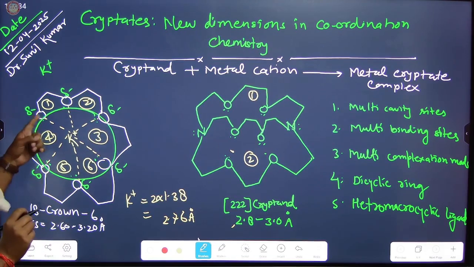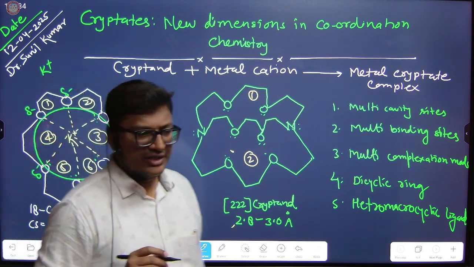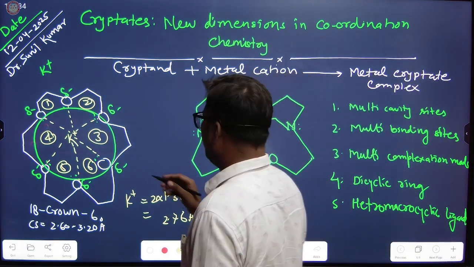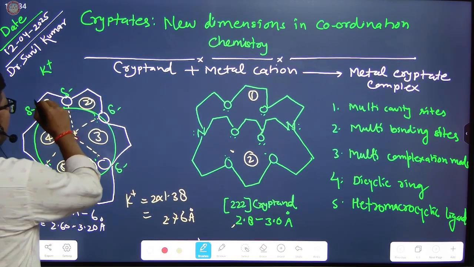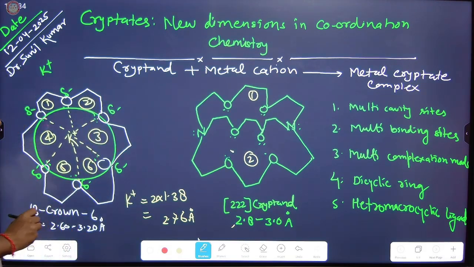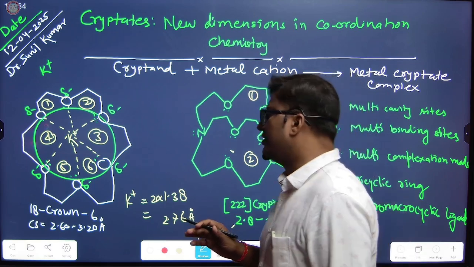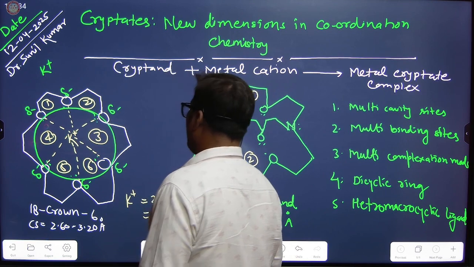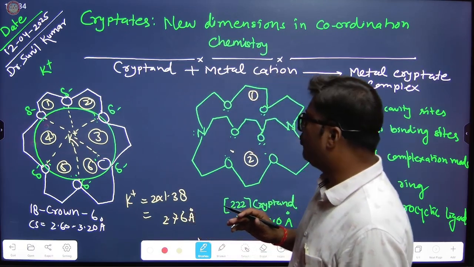As you have seen, the inner part is hydrophilic, right? So it has an inner hydrophilic layer, and in the exterior part there are hydrocarbons, CH2, CH2, CH2, CH2 like that, present on the exterior of the rings. These methylene groups, CH2, CH2, will act as hydrophobic groups.